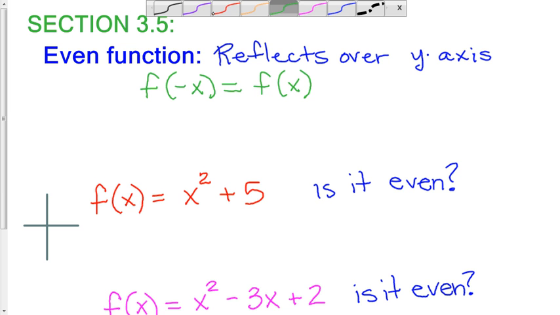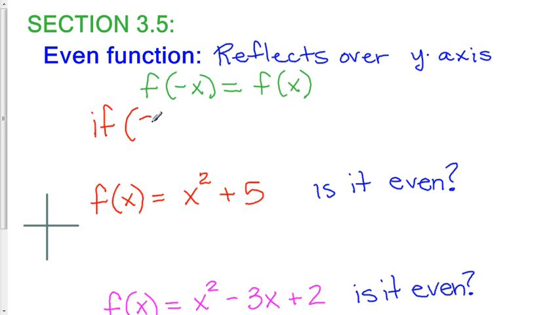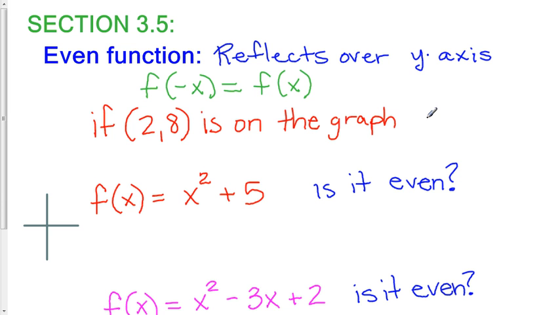And so, as an example, if (2, 8) is on the graph, then a (-2, 8) will be also.